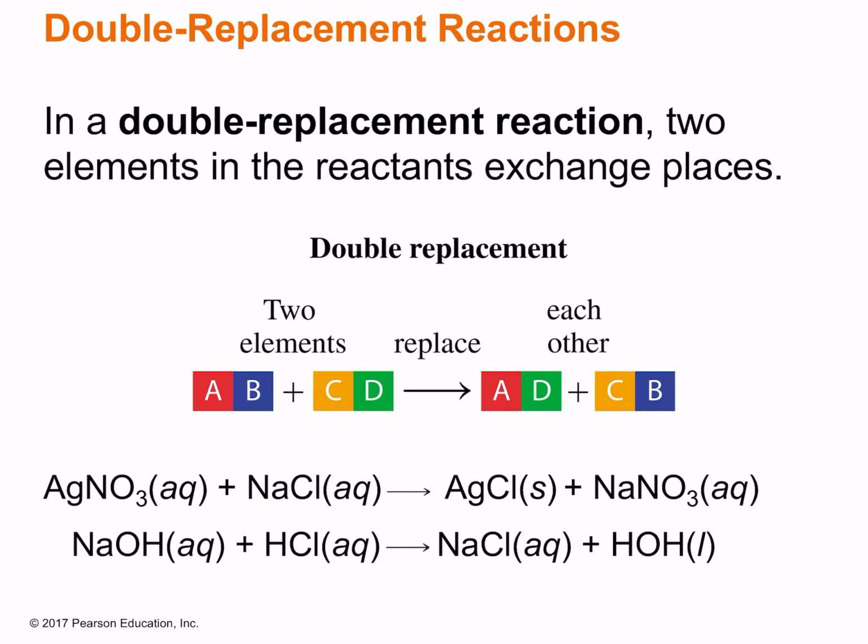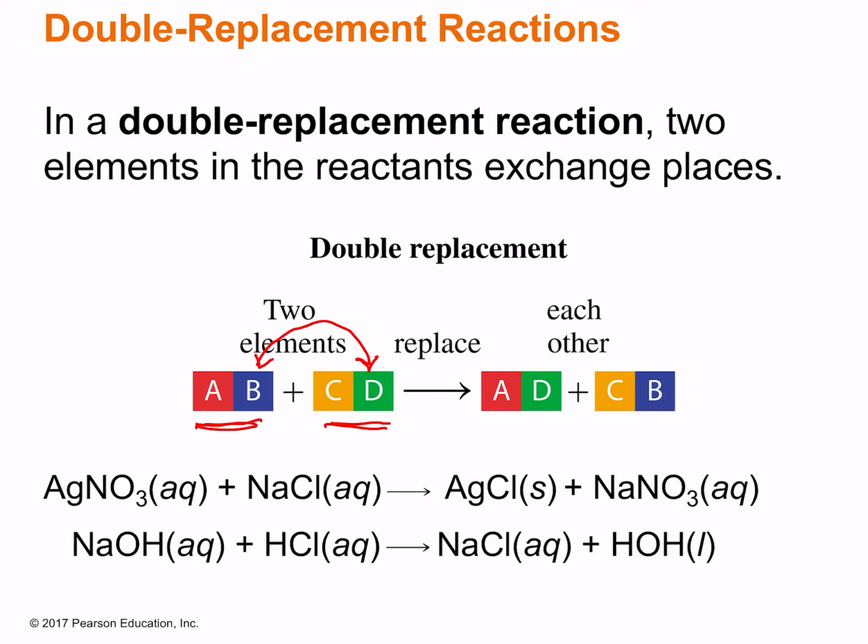So single replacement is an element reacting with a compound. Double replacement is when you have 2 compounds, so there are no single elements. We have 2 compounds reacting together, and the elements in them change places. Here, if you look, B and D switch. So now, instead of A being bonded to B, A ends up bonded to D, and C ends up bonded to B. So things are switching. In this first example, we have silver nitrate and sodium chloride.